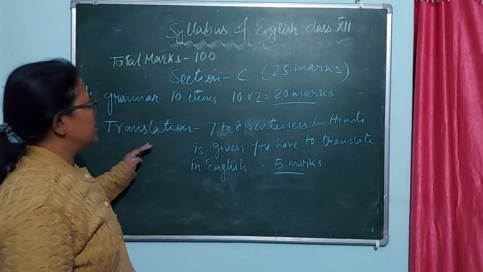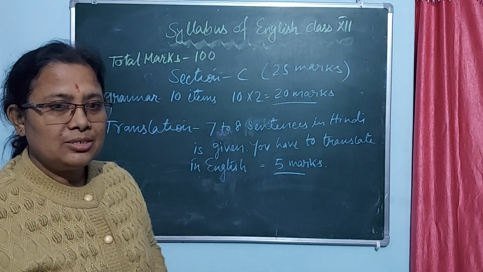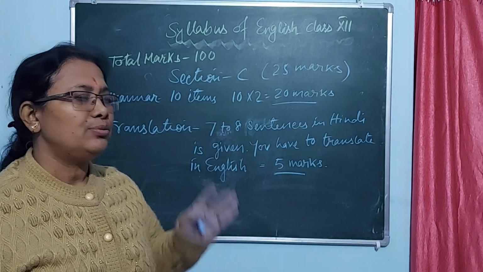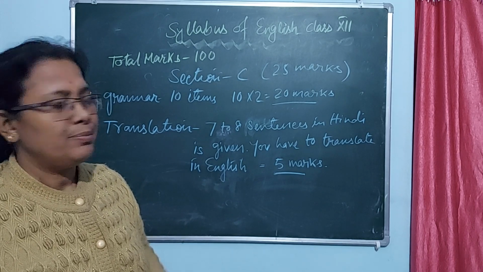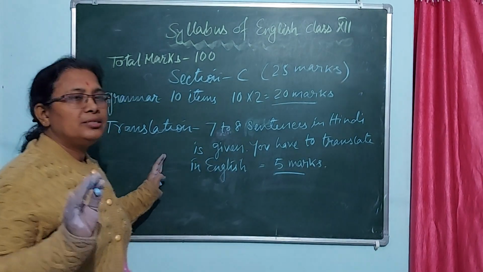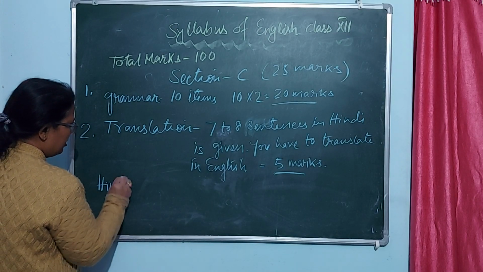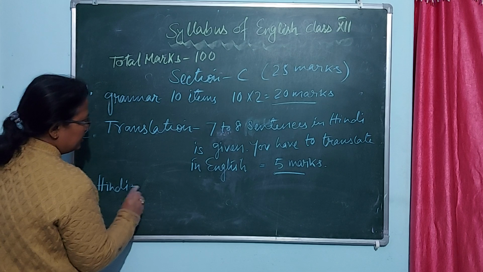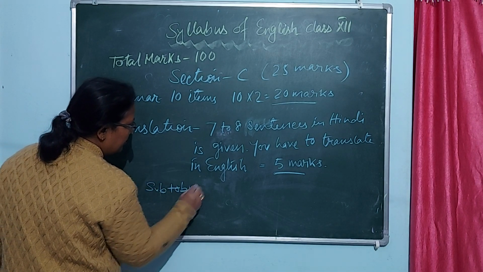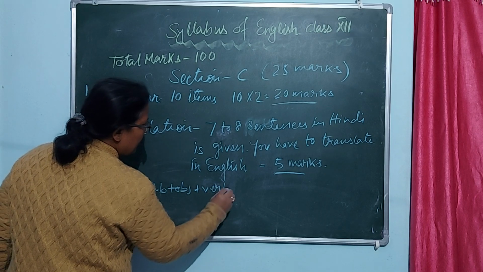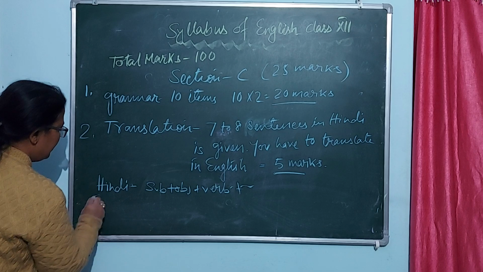And second is translation. Do not translate sentence-wise or word by word. You have to get the inner meaning and feeling, and after that you start writing, because Hindi and English are different. In Hindi the sentence structure is subject, object, verb, plus whatever else is there.